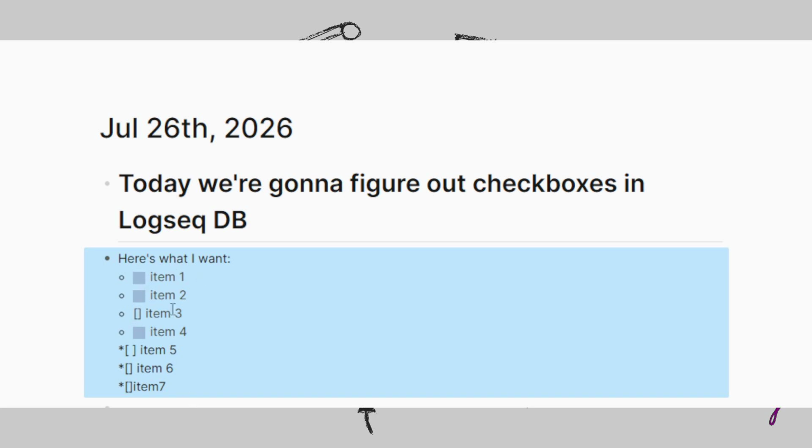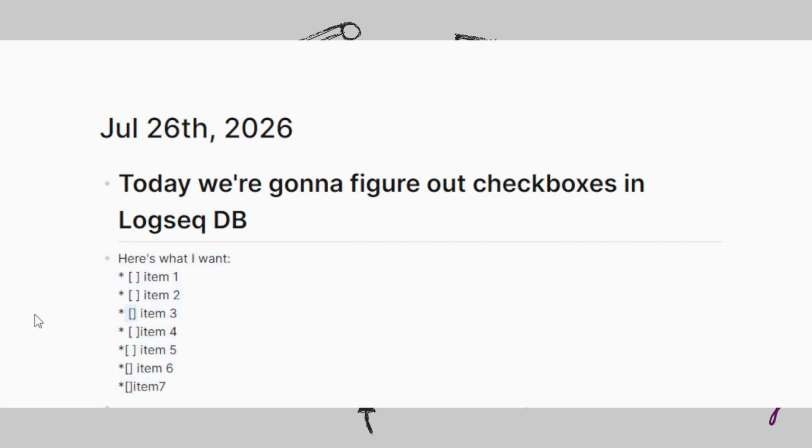It's actually perfect for this. The one that didn't have a space didn't render the checkbox. The one that didn't have a space in between the asterisk and the first open square bracket didn't render, and then the rest of them, it's redundant because we knew that they weren't going to render correctly.